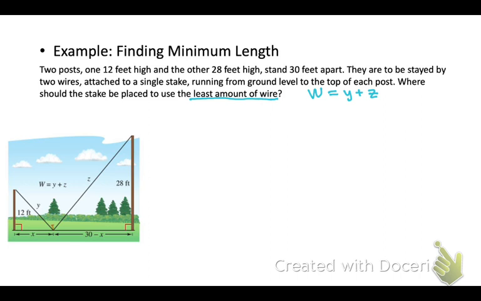Okay, so little triangle. Right triangle, need to solve for sides of a triangle. What do I use? A squared plus B squared equals C squared. Okay, so Y squared equals 12 squared, so 144, plus X squared.